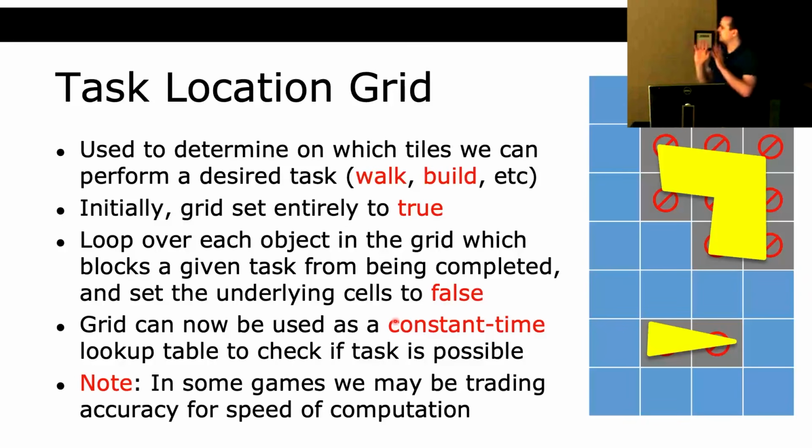That's really great, but the downside here, and this note at the end, is that in some games we may be trading something. Now we have a much faster data structure for doing this lookup, but we are trading some accuracy for that. Why? Because if we were actually pathfinding in this environment, it's possible that we could actually walk in this area, right? But now the grid is saying, because the grid is a more abstract, more coarsely defined area, that I cannot walk in that area.